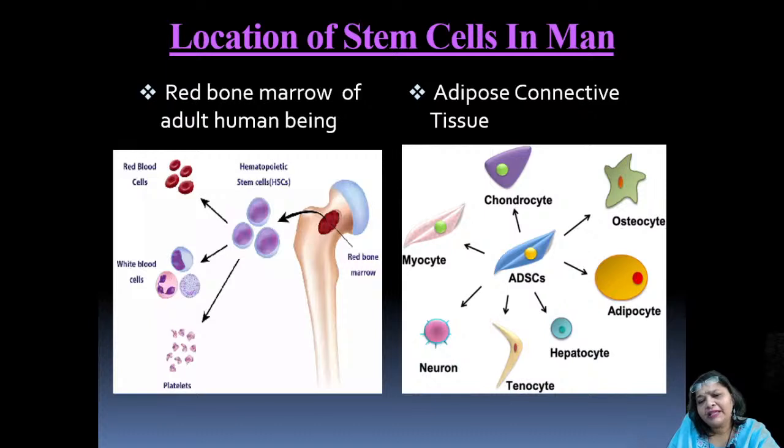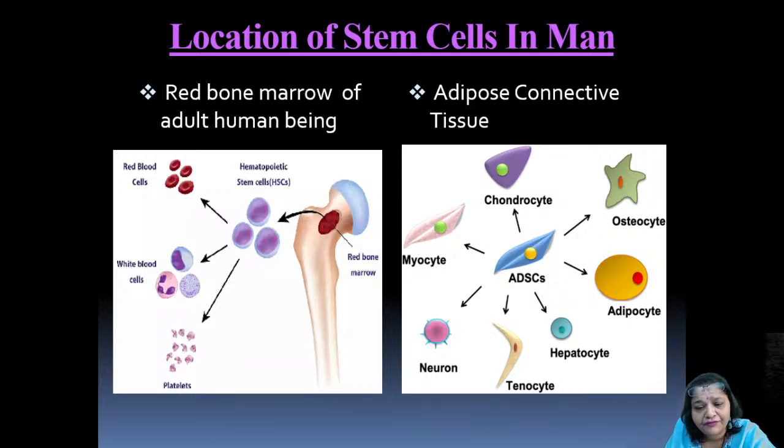The next place where the stem cells can be located is the adipose connective tissue, where the fat cells, the adipose stem cells, can be used to produce different other types of cells like the chondrocyte, the osteocyte, the bone cells, the adipocyte, the fat cells, the hepatocyte, that is the liver cells, the tenocyte, the neurons, that is the brain cells, the myocyte, that is the muscle cells.